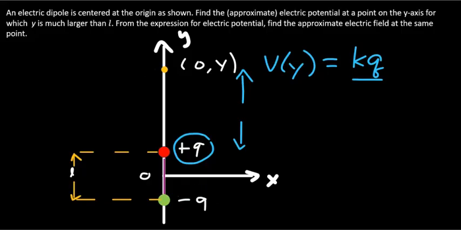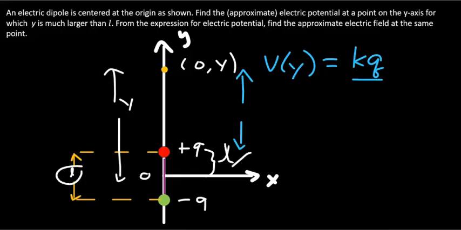So what is that distance? That distance is y. And this distance, the distance of the positive charge from the origin, is half of that. So L over 2. Remember, the dipole is centered at the origin. So this distance has got to be y minus L over 2, which goes there.